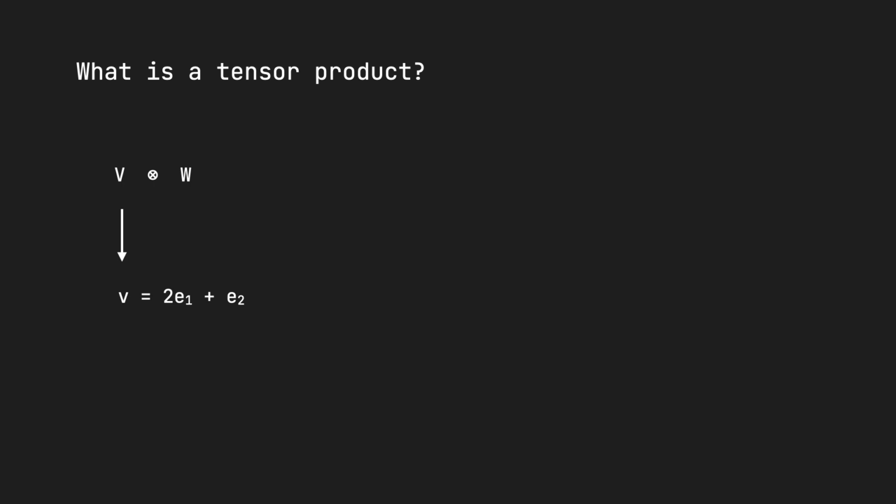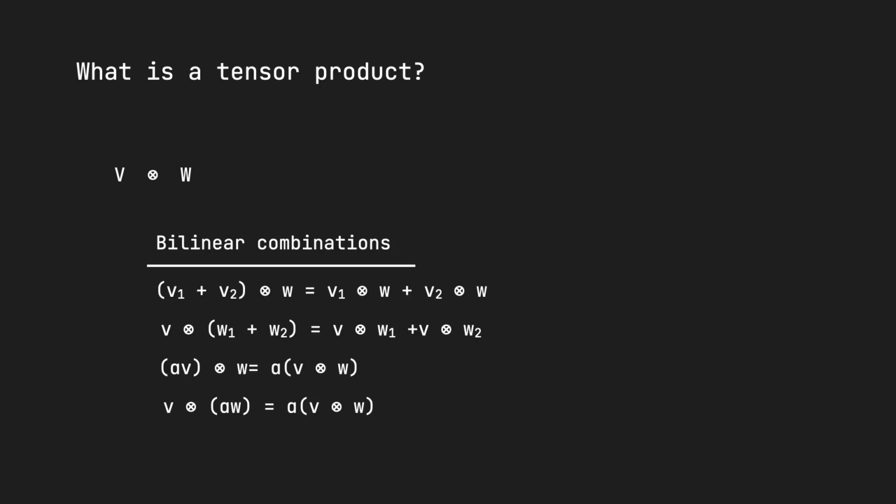Suppose the vector space V had an element like this, 2E1 plus E2, and the vector space W had an element like this. How do you combine both of those? There are certain rules that you would need to follow to combine things, which are called bilinearity combinations. These are the rules right here. These rules tell you how to figure out what element will be in this new vector space given two vectors.